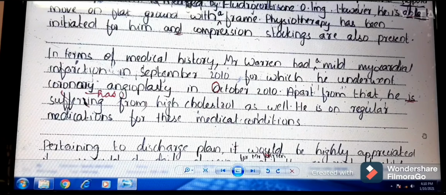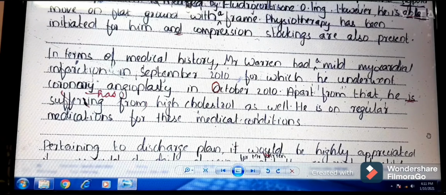Next paragraph. In terms of medical history, Mr. Warren had a mild myocardial infarction in September 2010, for which he underwent coronary angioplasty in October 2010. Mr. Warren had a myocardial infarction in September 2010.